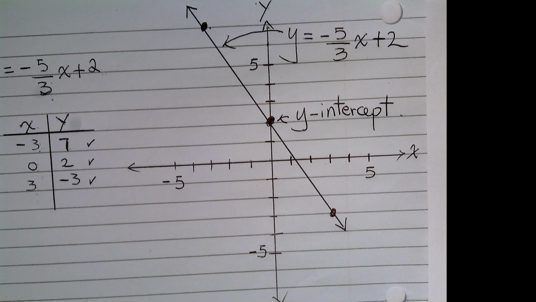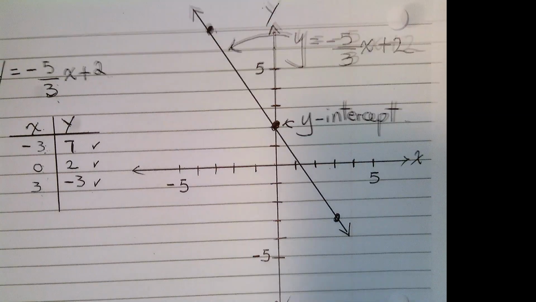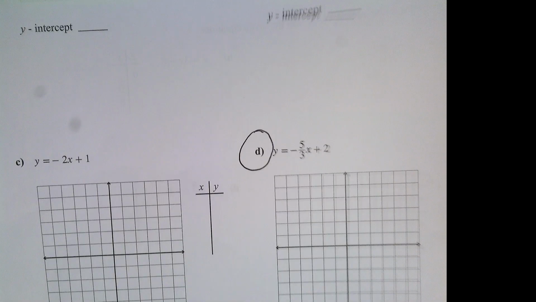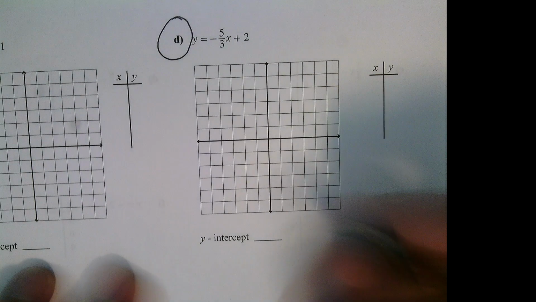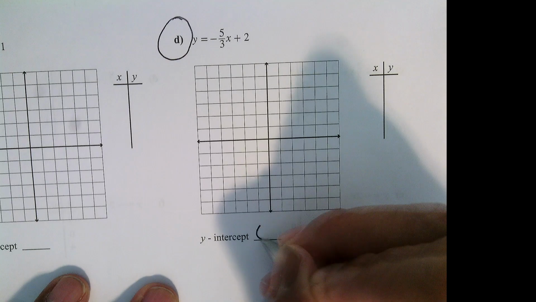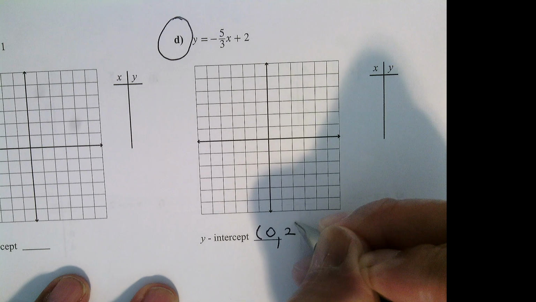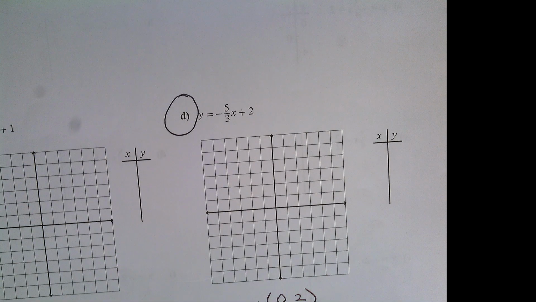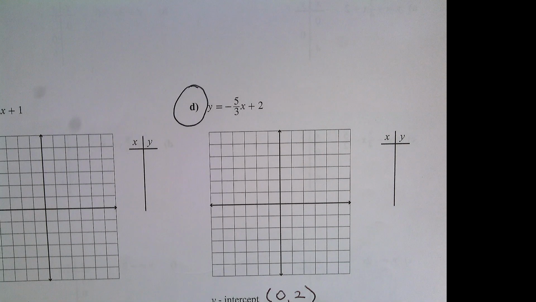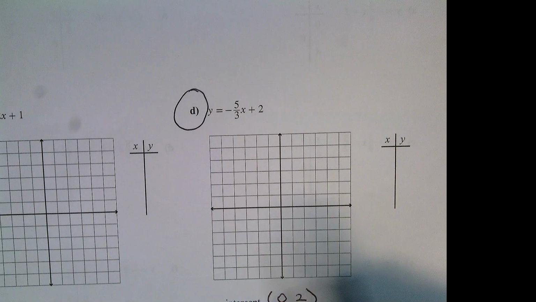So the y-intercept right here is 0 and 2. Okay, so make sure after you finish the graphing assignment, the graph, the points calculation, then answer the question.